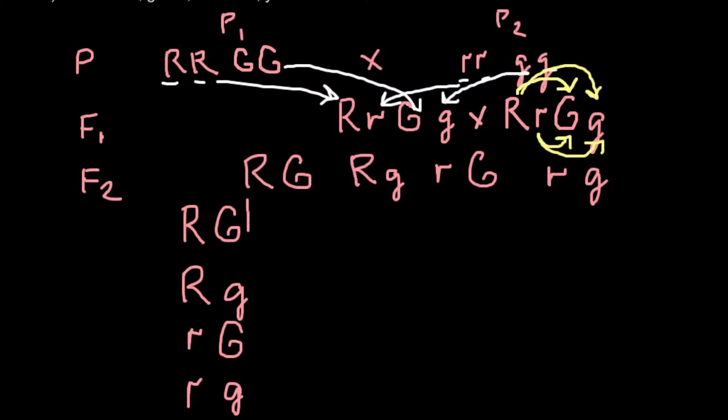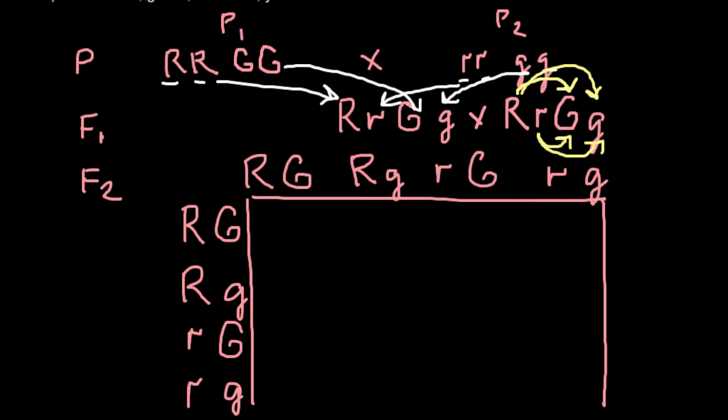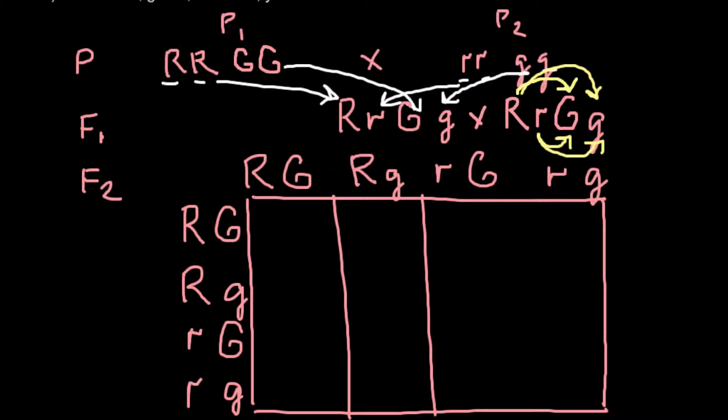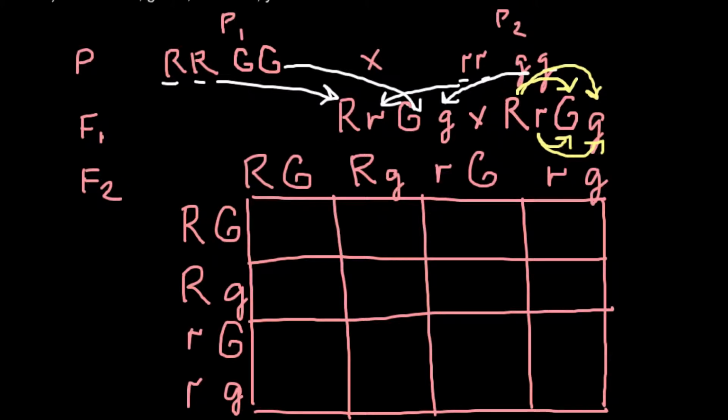And now we just built a Punnett square, and as you see we would have 4 rows and 4 columns, and the total number of cells would be 16. But that doesn't mean that we are going to get 16 different genotypes or 16 different phenotypes.